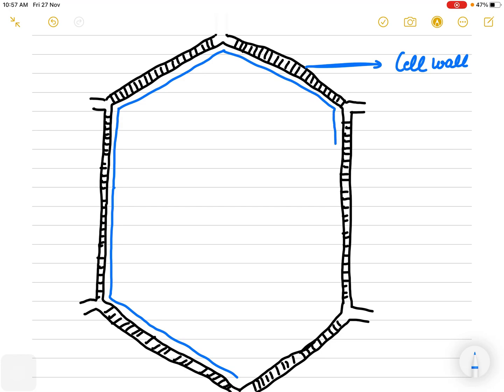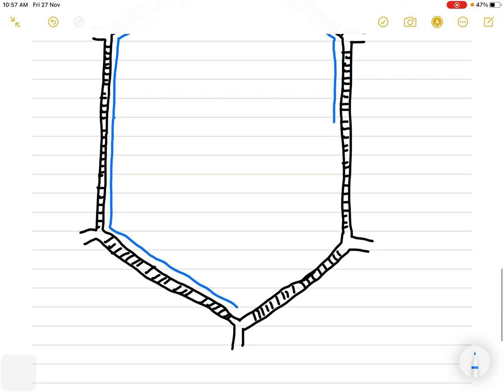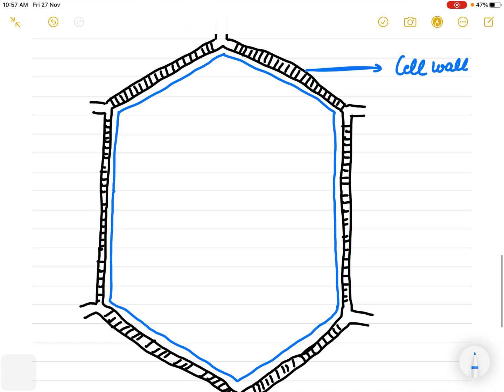First you have to draw the cell wall, and after that you have to draw the plasma membrane. So here we are done with the plasma membrane, right?